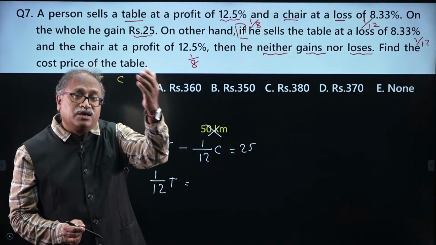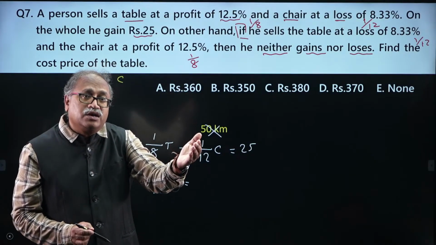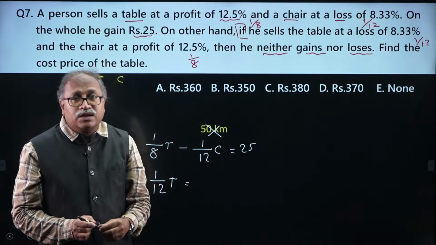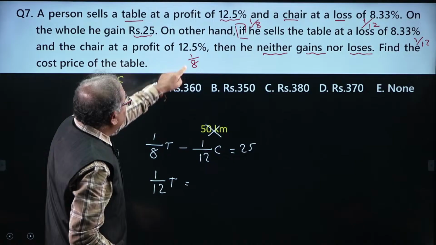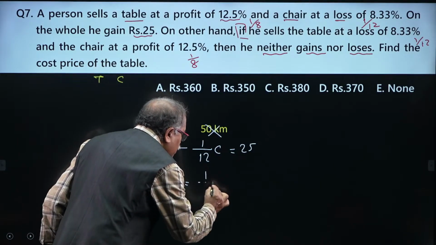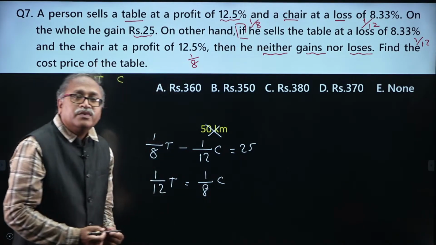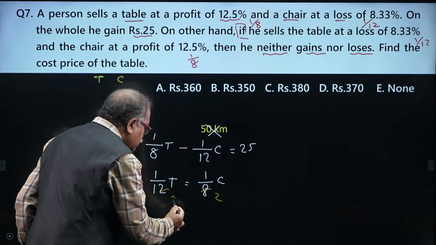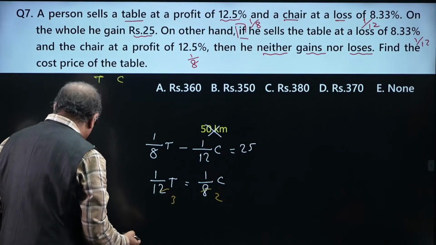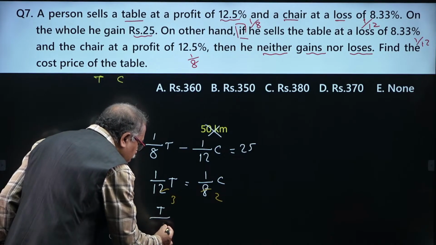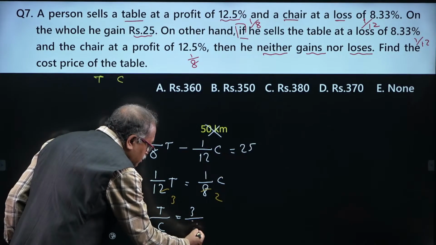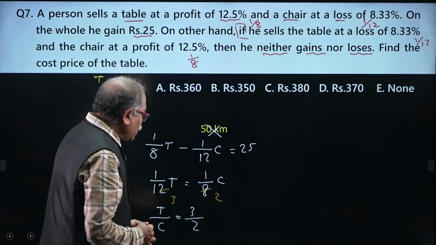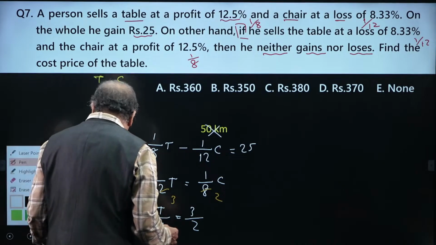That means, whatever you are gaining in one item, you are losing in another item, and whatever you are losing in one item, you are gaining in another. So, which is equal to 1/8 of chair. Here I clearly notice that this is 2 times and this is 3 times. So, what is your table by chair ratio? That is 3 by 2. Now, I will consider this as 3x and 2x.